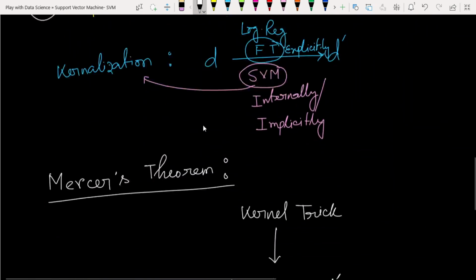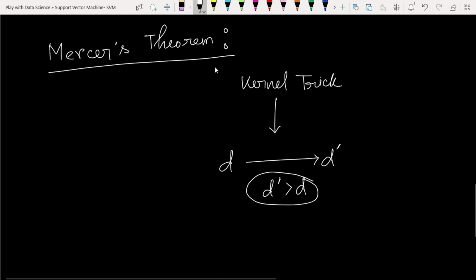The same thing is stated in Mercer's theorem. If we transform using the kernel trick from d to d dash, then typically, though not always, since there are always some exceptional cases, our transformed dimension is greater than our previous dimension.